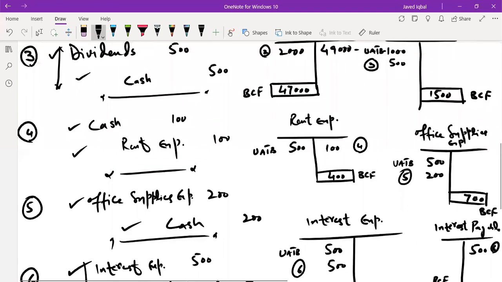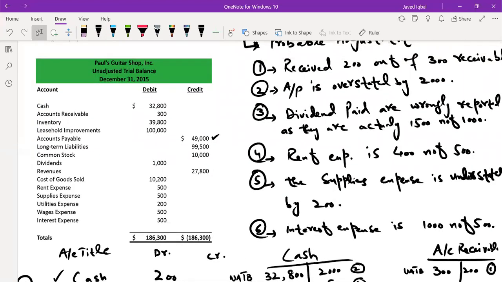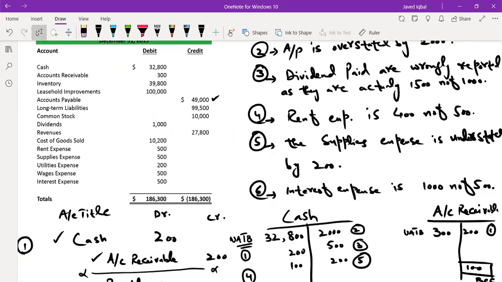Now you have to make the adjusted trial balance. To avoid any confusion, I'm writing on this question alongside it for the debit and credit accounts.